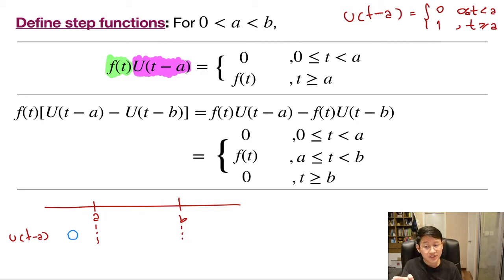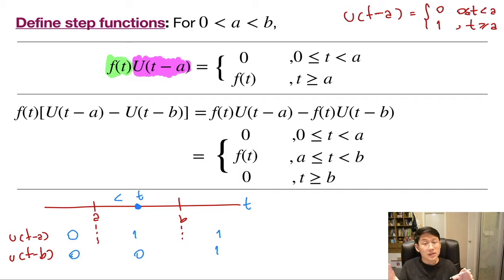Because t is less than a, it will be 0. And here it will be 1 and 1, right? Because whenever t is bigger than a, for example this point, u(t-a) is 1. And u(t-b) here is 0 and 0 and 1, and 1, right? Makes sense?